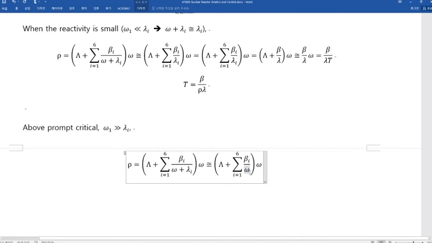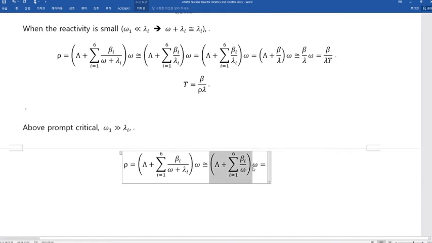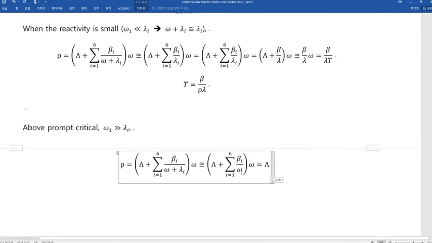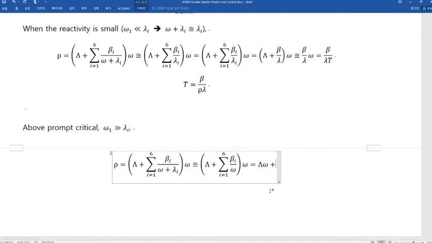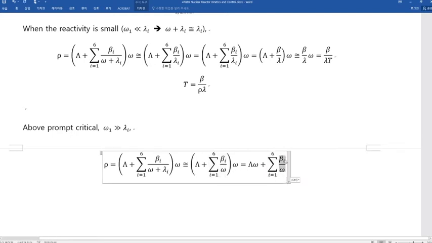Then what happens? What will remain is prompt generation time multiplied by omega plus, in fact, the omega in the denominator will disappear by being cancelled with the omega outside the parentheses.